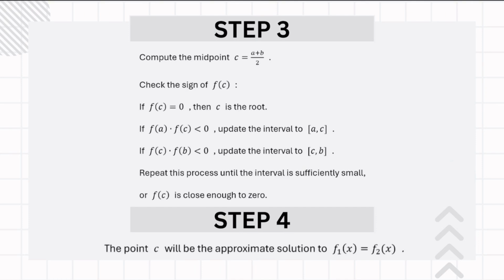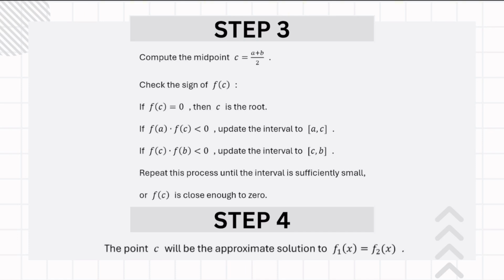Step 3 is evaluate f(C), where C = (A + B) / 2, and check the sign of f(C). If f(C) = 0, then C is the root. If f(A) multiplied by f(C) is less than 0, we will update the interval to [A, C].